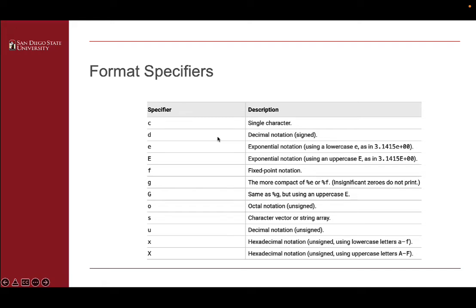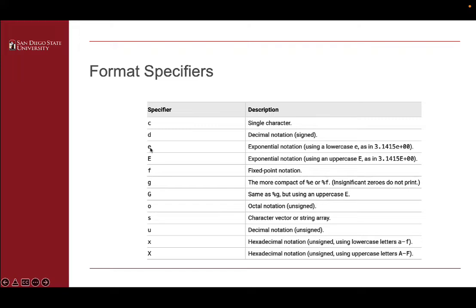To do that, we have format specifiers. In format specifiers, as you can see, we have some specifiers and some descriptions in here. If I use c as a specifier, it means I will print a single character. If I use d, I will print decimal notation, a decimal number which is signed.